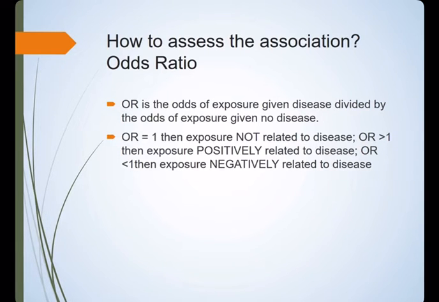That's called a ratio. So if the odds ratio is 1, then the exposure is not related to the disease. While the odds ratio larger than 1 means the exposure was positively related to the disease, and odds ratio less than 1 means the exposure is negatively related to the disease.